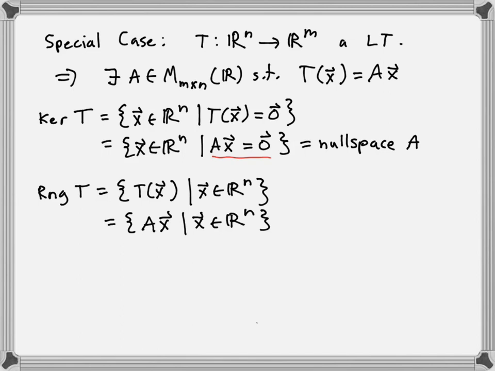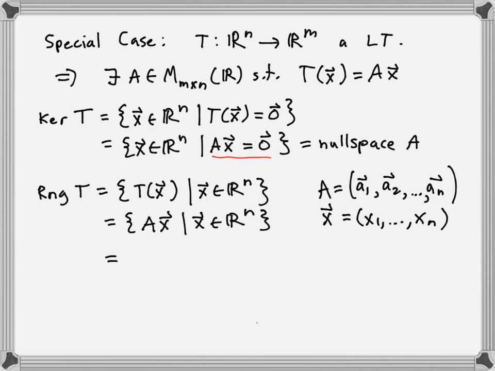matrix multiplication works. Okay, let's suppose that A would equal A1, A2, and so on. Remember, A is an m by n matrix, so how many columns does it have? It has n columns. So let's suppose that these are the n columns. And let's say that x is equal to x1 to xn.